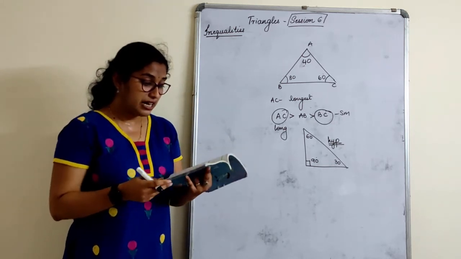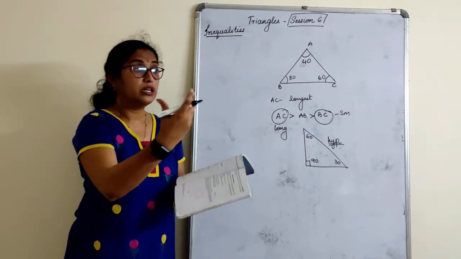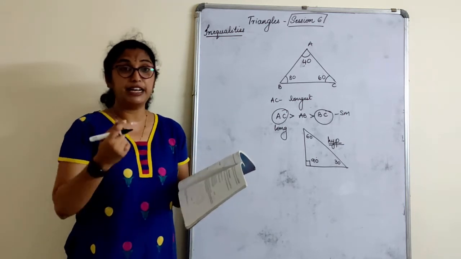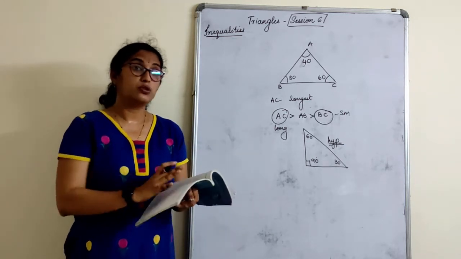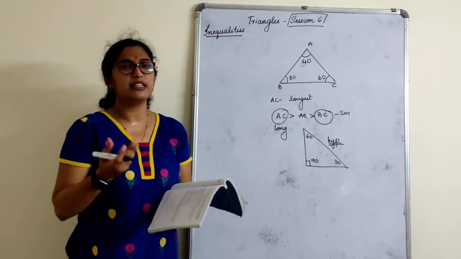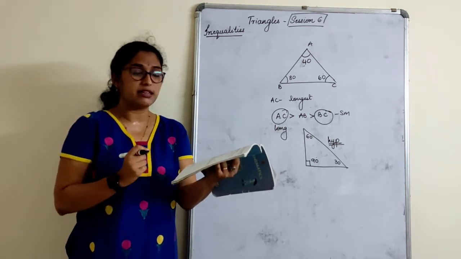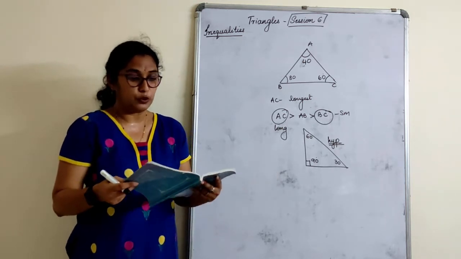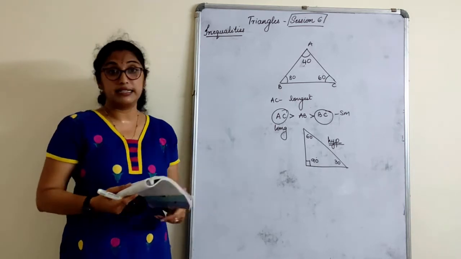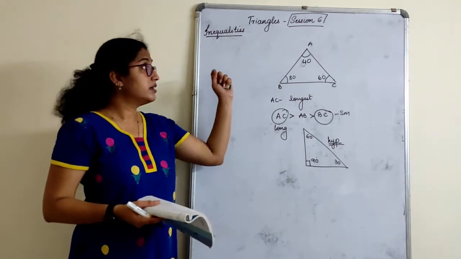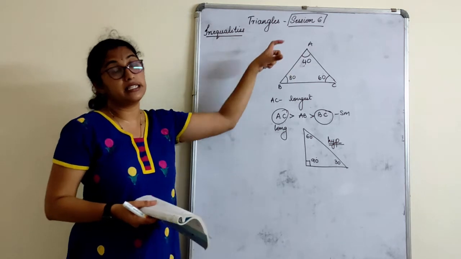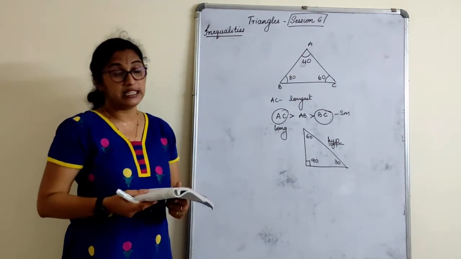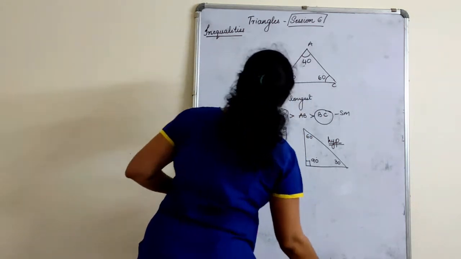Some of the sums require you to make a plot design where you have to mark things, so that exercise will not be done. This inequalities exercise will be the last exercise from this triangles chapter. We'll quickly begin with the exercise now.